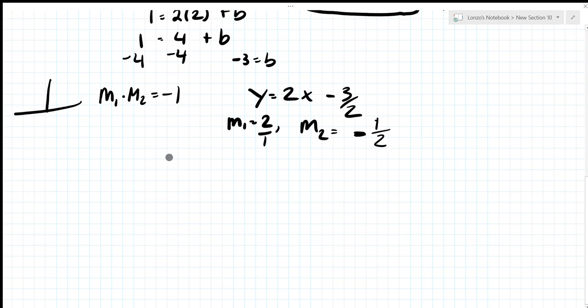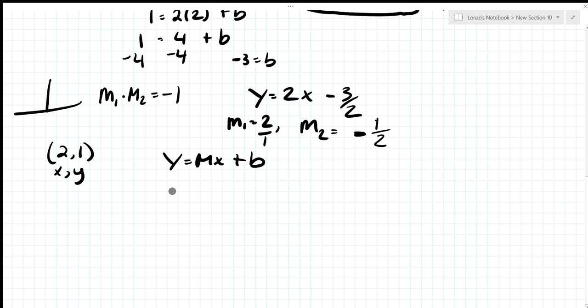So now we have to put it in y equals mx plus b form. How do we do that? Remember, we're given a point, 2, 1, right? This is going to be our x and this is going to be our y.